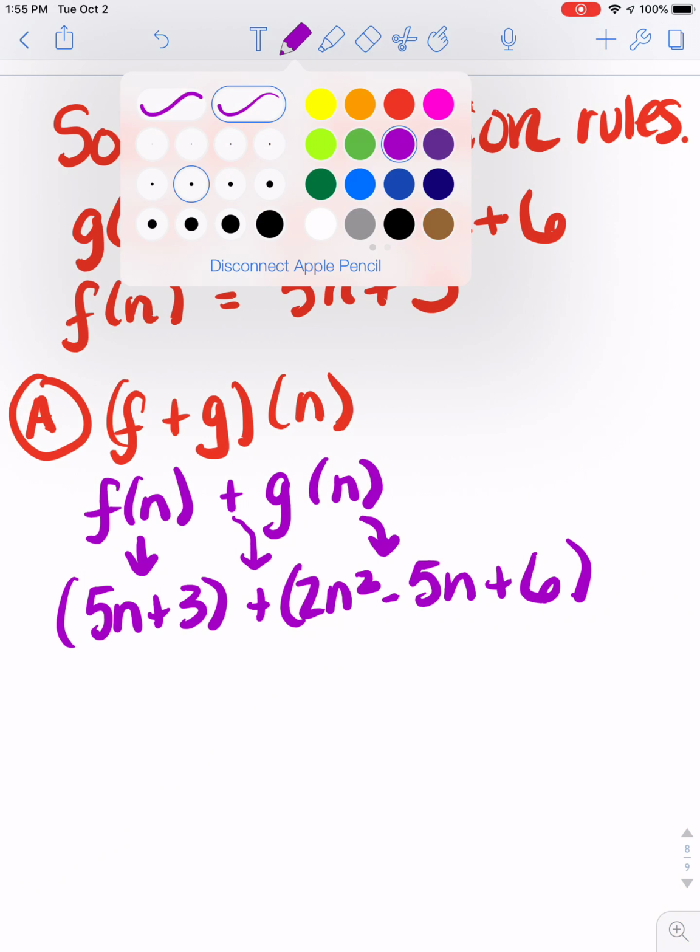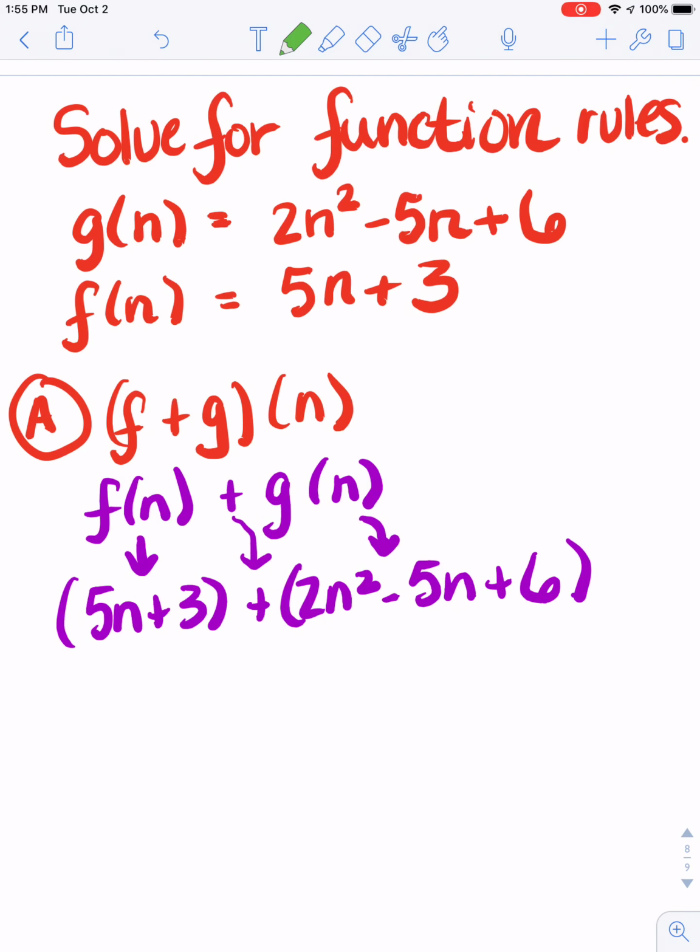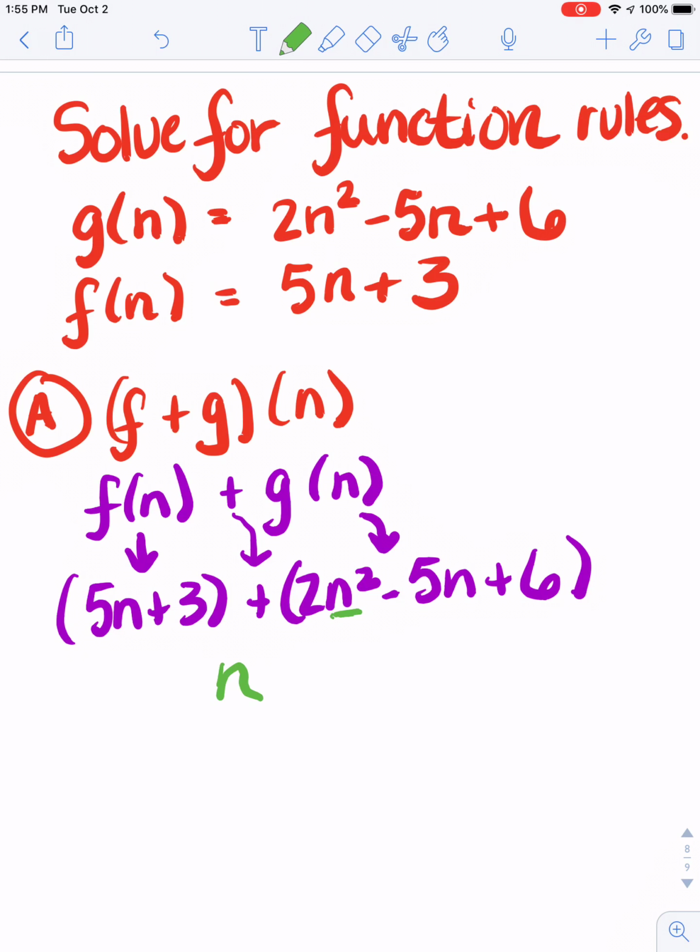So if I'm going through now to solve this, I'm going to add them together. But I notice that this has the highest exponent on a variable. So n squared is going to be the beginning of our standard form, and then n, and then my number. So I start with the first parenthesis, and I start sorting it in the columns it belongs in.